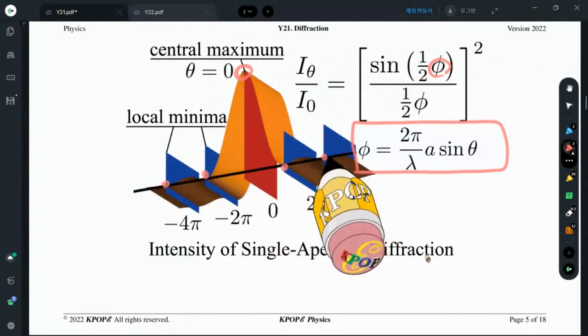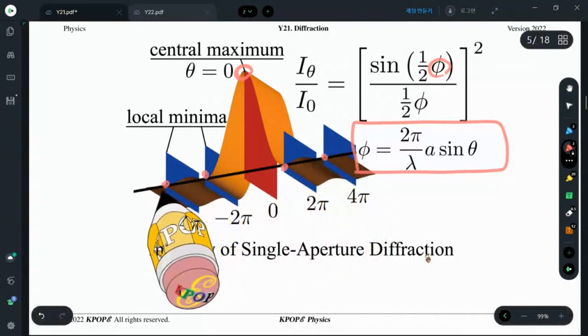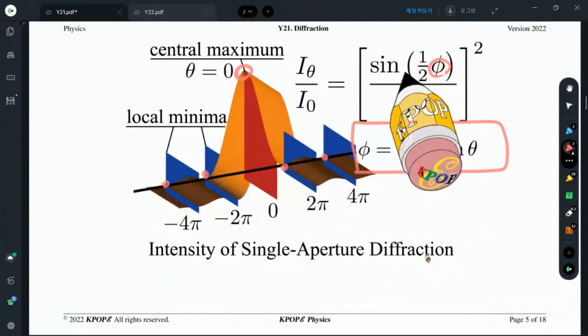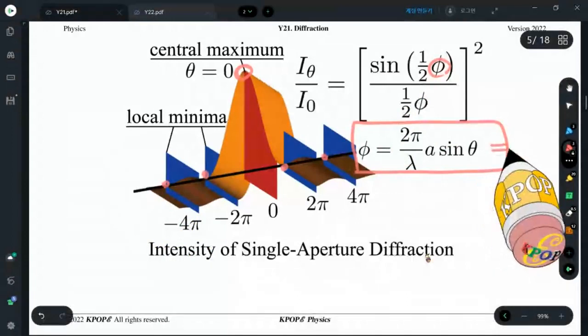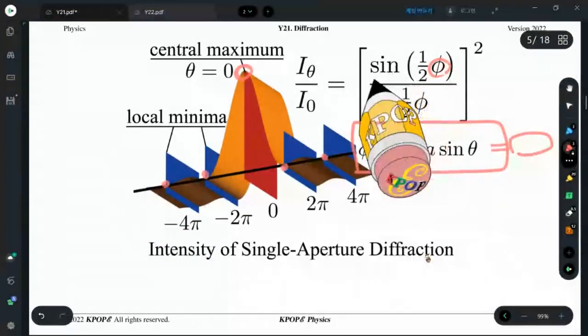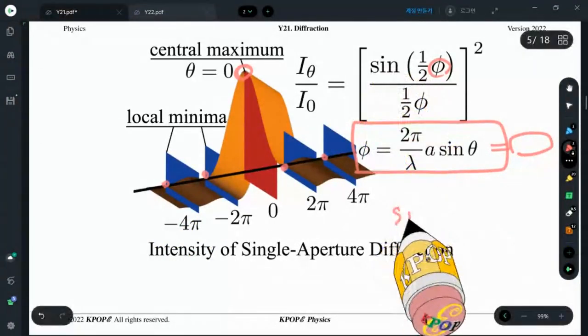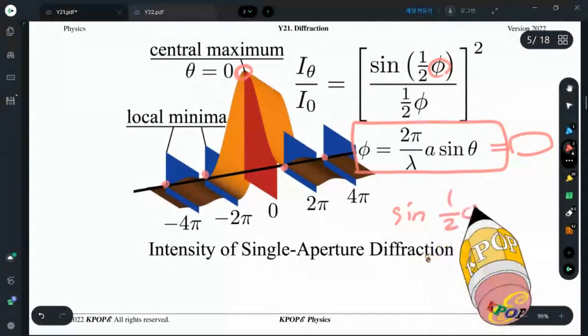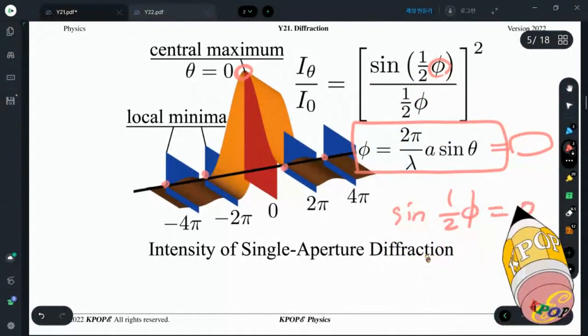Each minimum is placed where this sine is 0.